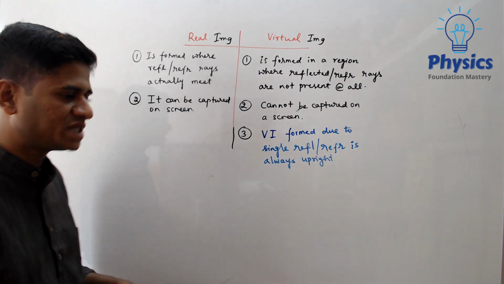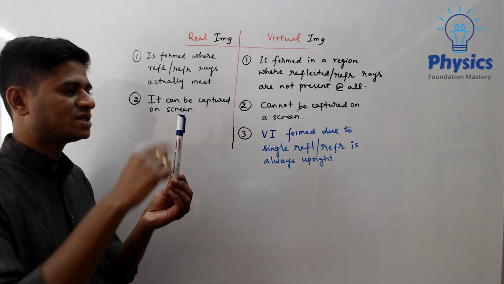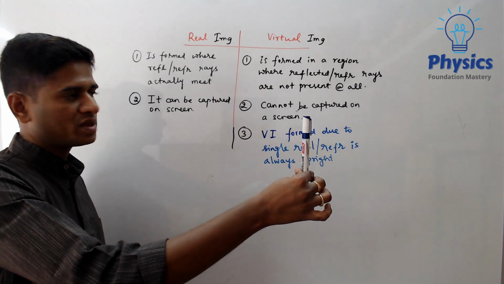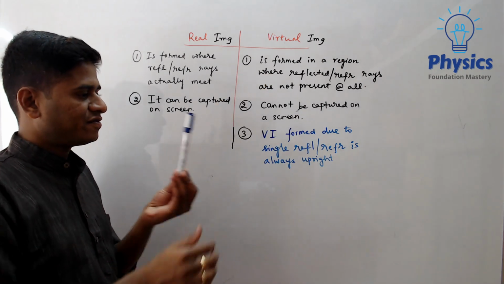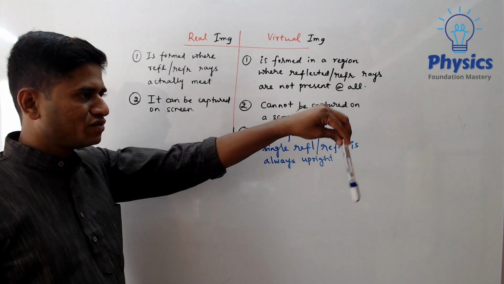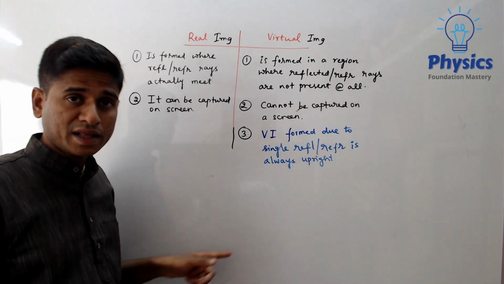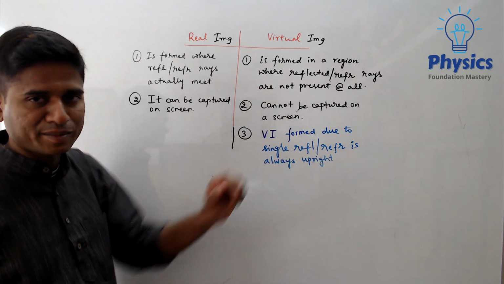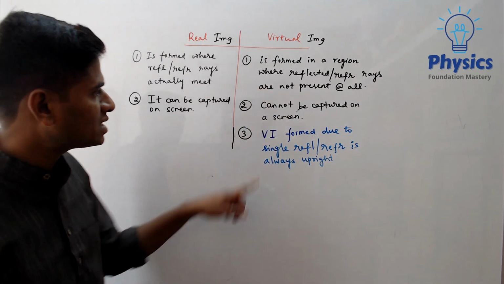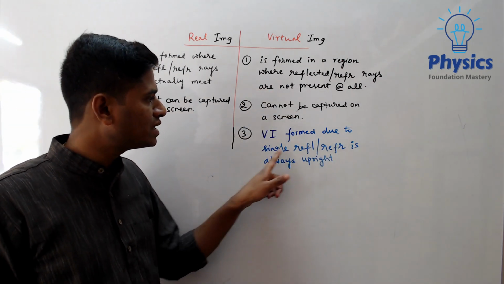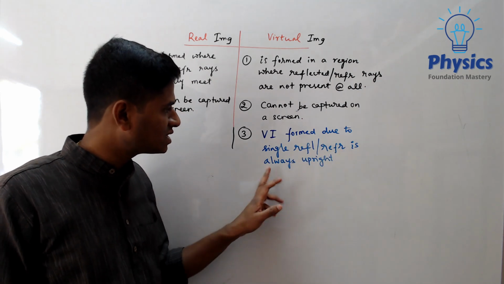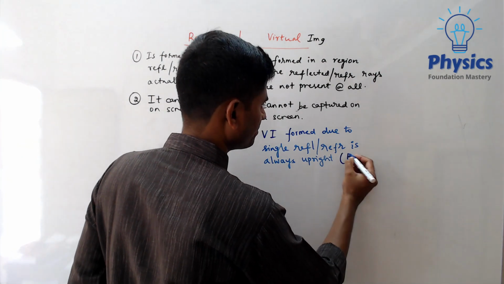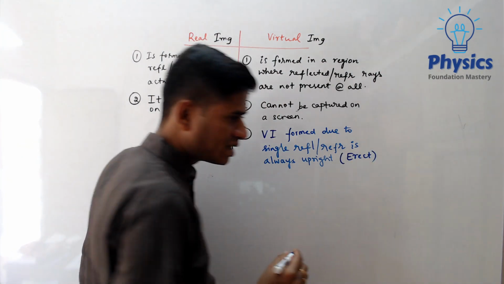That means if the object is upright, the cap is above, the image is also formed as it is, the cap above. But if the object is like that and the image is inverted, just like what we have seen in the concave mirrors example, that is an inverted image. So a virtual image formed due to single reflection or single refraction is always upright. Upright is also called erect.